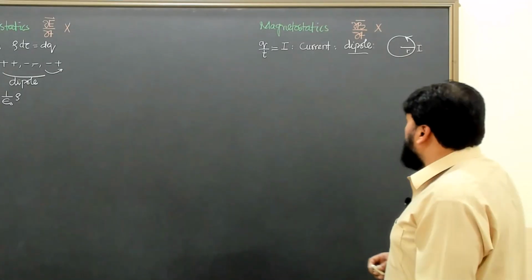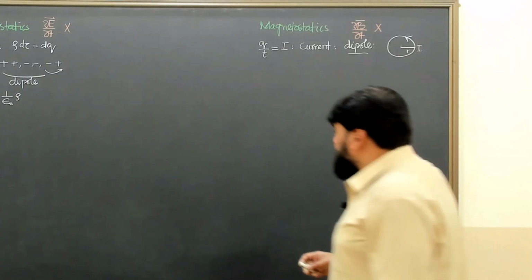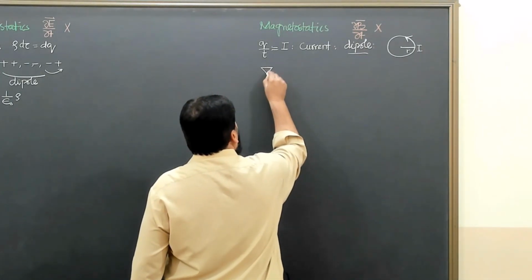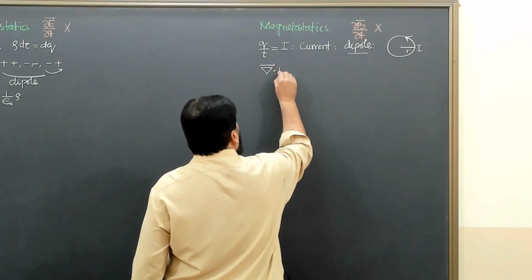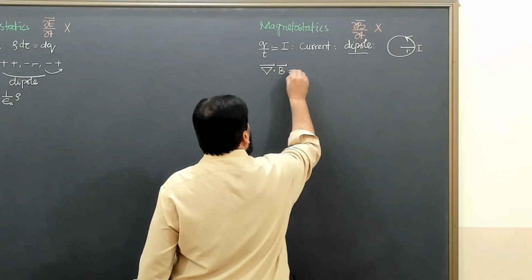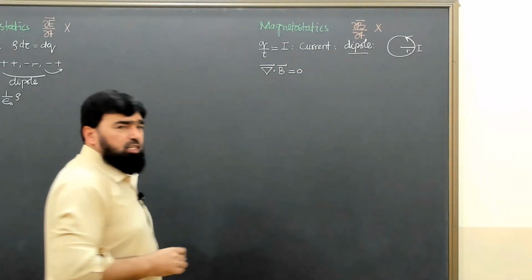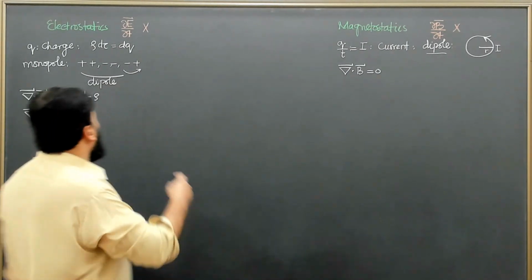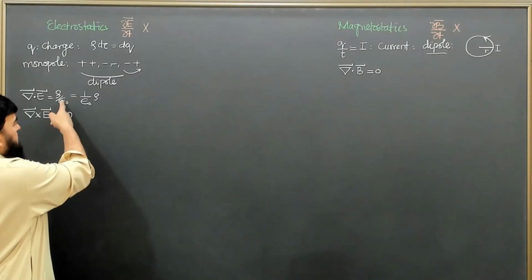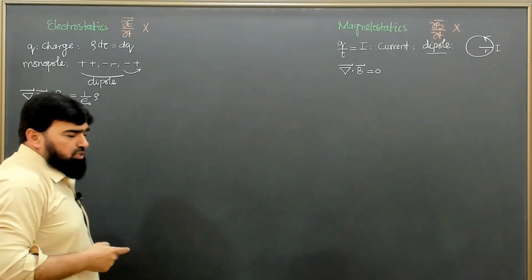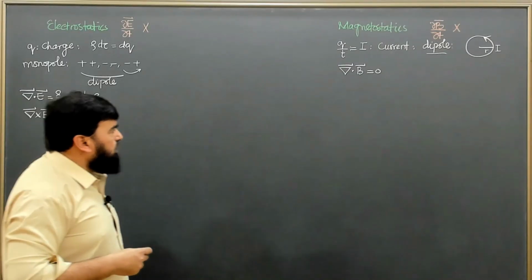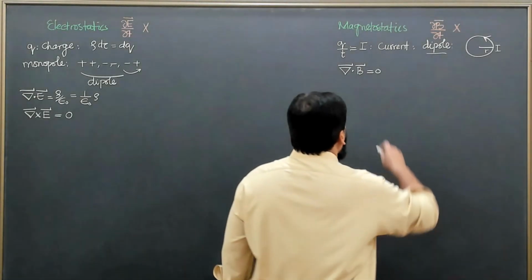When I come to the magnetic field, the magnetic monopole doesn't exist and there is no divergence of the magnetic field. A single charge is not there, so there is no divergence. Here there is a divergence: the lines are straight from the charge, the source.